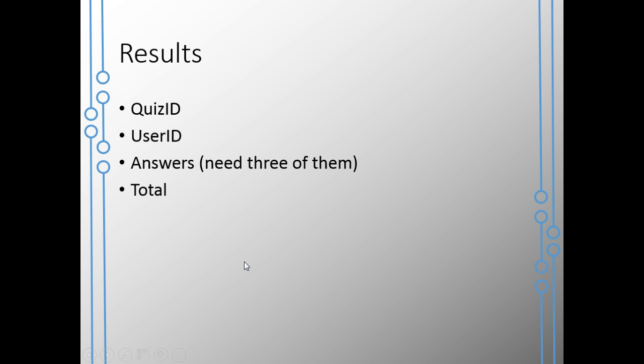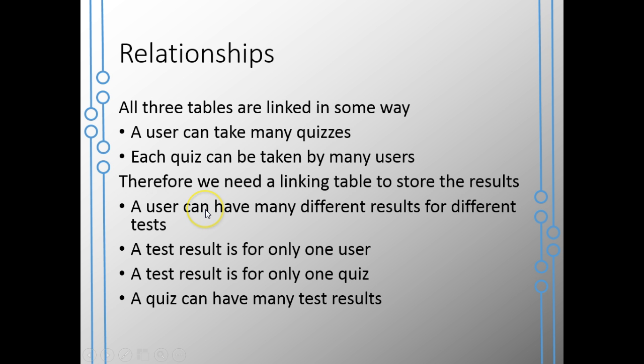Finally we need our results table, which has the quiz ID, so it knows which test it's for, and the user ID, so you know whose answers these are. And the answers, we need 3 of those, or however many questions there are: answer 1, answer 2, answer 3, and also a total.